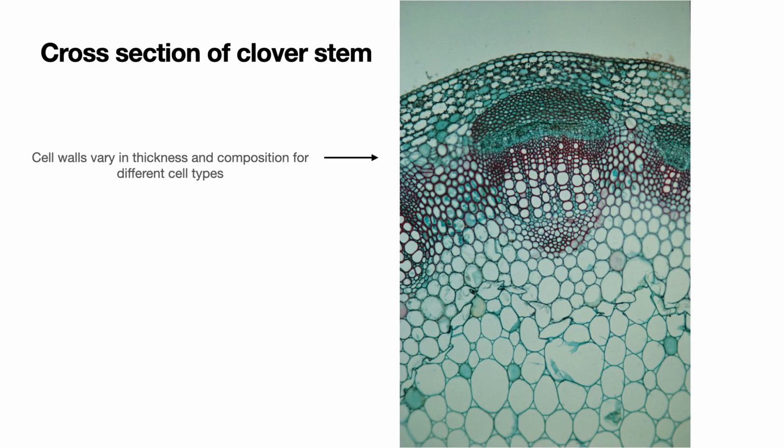So let's look at the last pathway, cellulose synthesis, and the development of cell walls. First of all, cell walls vary a lot. You can see in this slide that the thickness and the composition of the cell walls are quite different amongst the different cells in this cross section. The fact that you see red walls here is the result of a dye staining for lignin, which is another complex molecule in the cell wall.